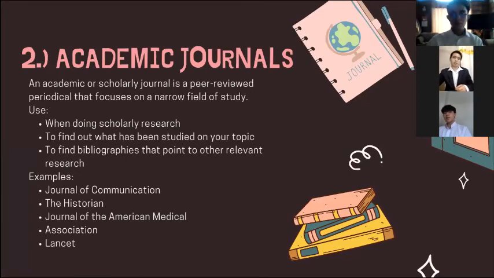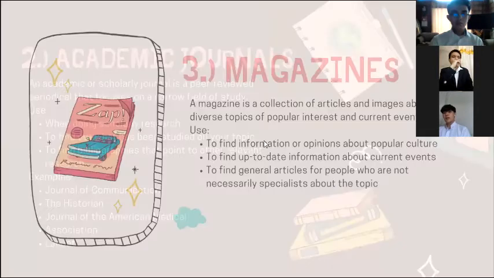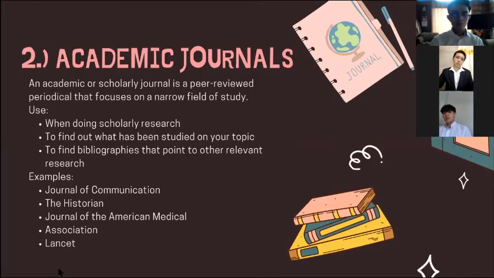Academic journals. An academic or scholarly journal is a peer-reviewed periodical that focuses on a narrow field of study. So an academic journal is an instrument for helping students develop their ability to critically examine their surroundings from multiple perspectives and to make informed judgments about what they see and hear.